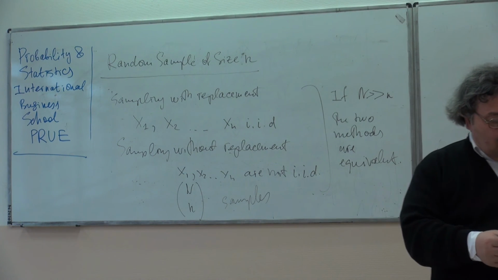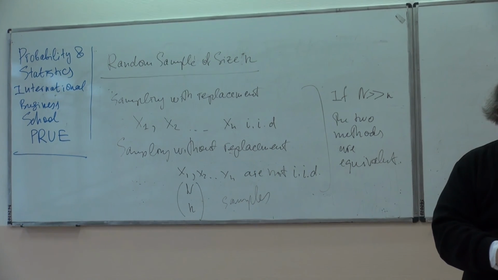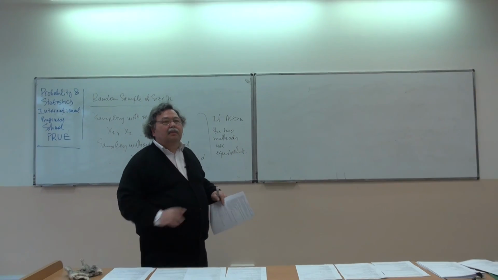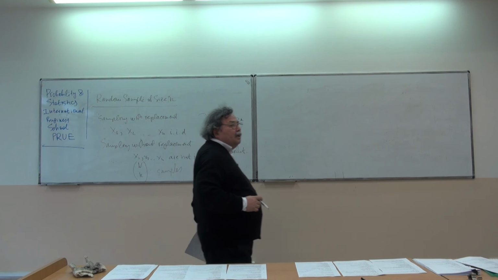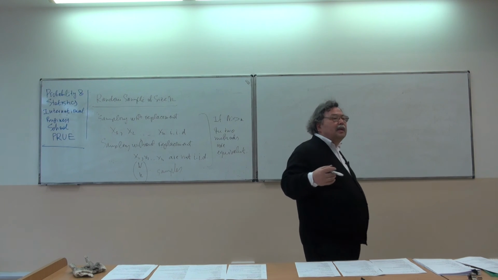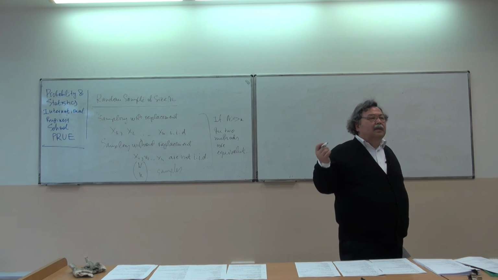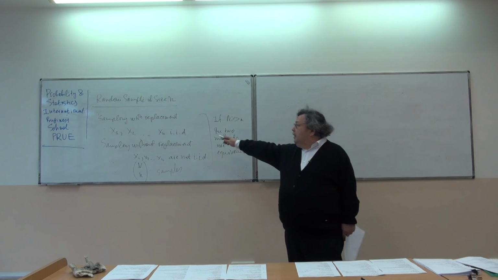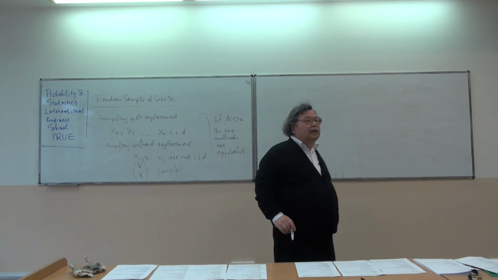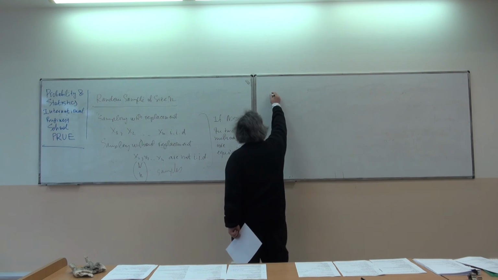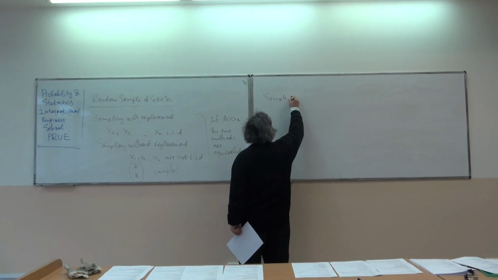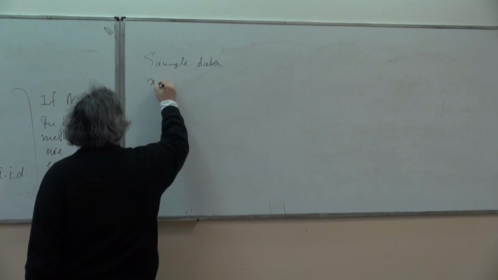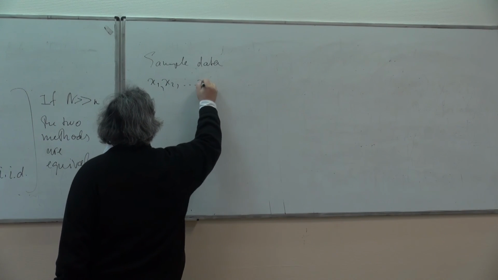Okay? All right. And then we get sample data. Because each member of the population is associated with his or her or its individual value of the characteristic, and we select n of them, what we get is sample data, x1, x2, xn.